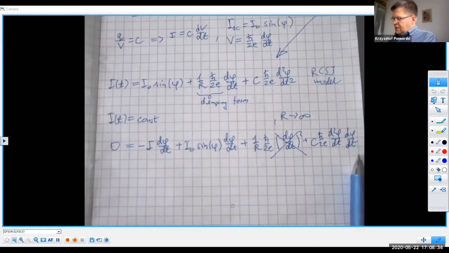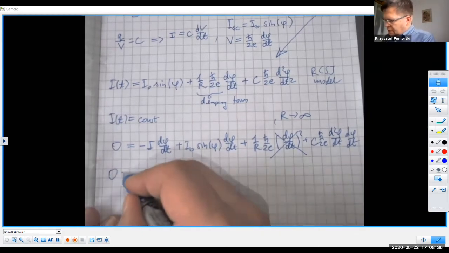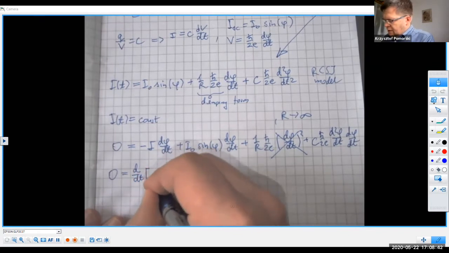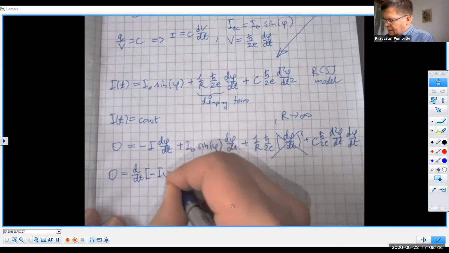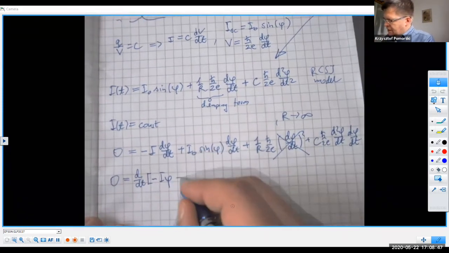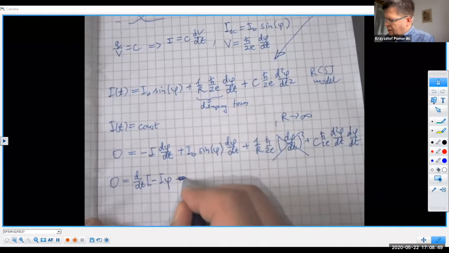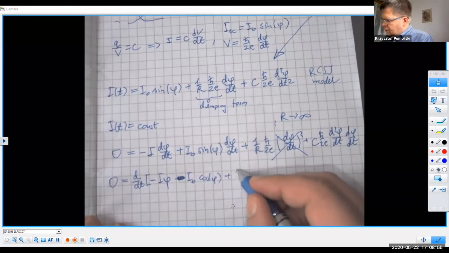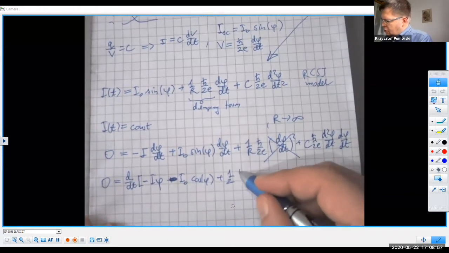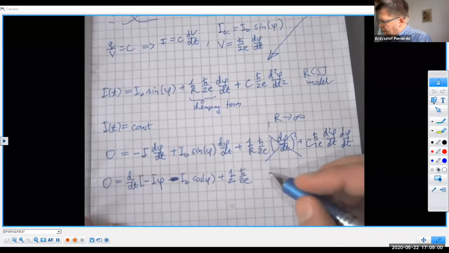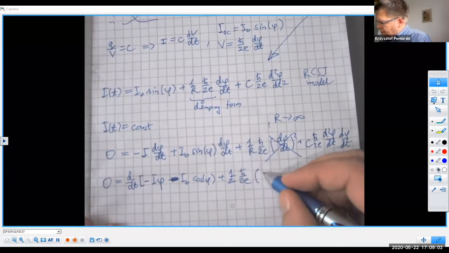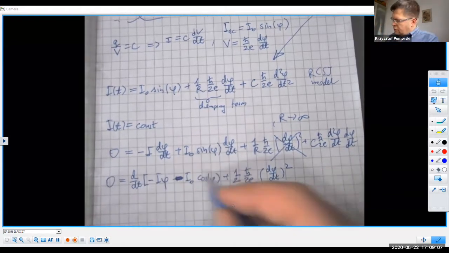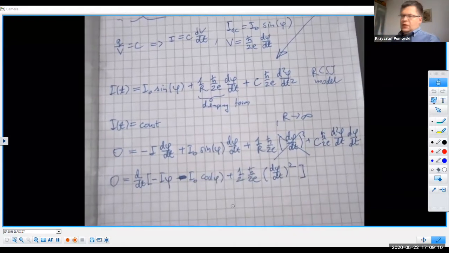We can recognize that such an equation can be obtained in such a way that d over dt of this form plus the cosine term, and then one half of h over 2e times the term d phi over dt squared. So clearly we have such an equation.